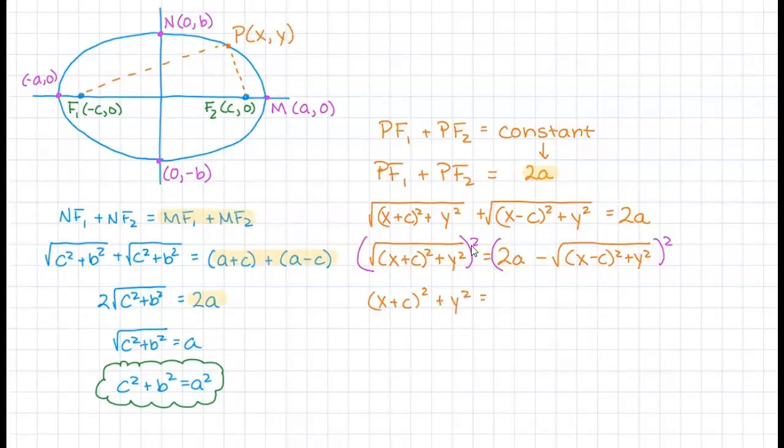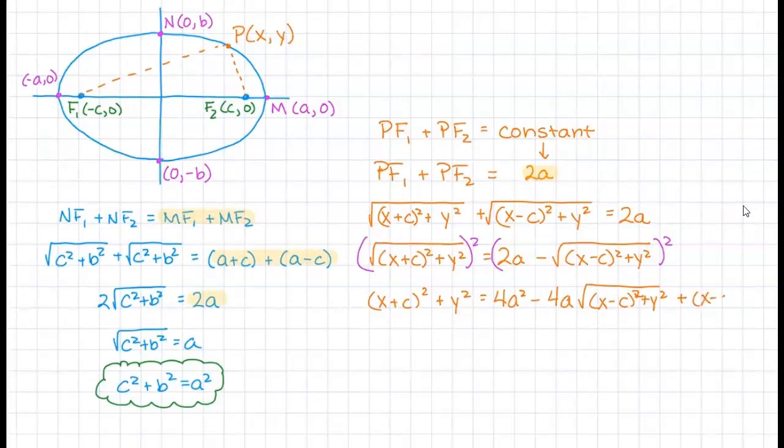But over here, not so easy, because I essentially have a binomial, so I have to FOIL this whole thing out. I have this minus this. After you FOIL it all out, you're going to have 4a squared minus 4a times the square root, and then plus the square root squared, but that's going to cancel out the radical.